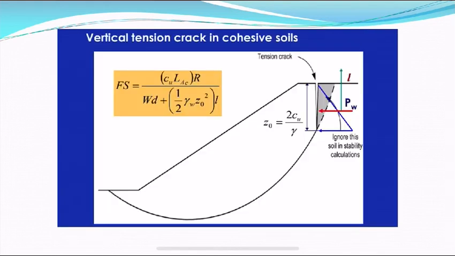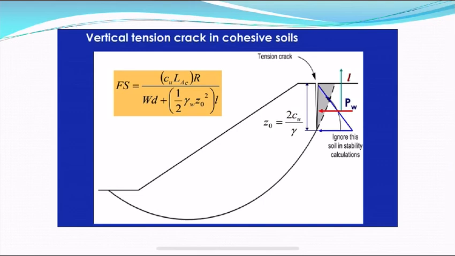In case you get a tension crack, let us assume that the tension crack can be determined using earth pressure fundamentals, where sigma is equal to K gamma h minus K gamma z minus 2c root Ka.